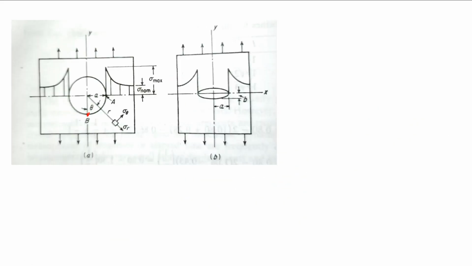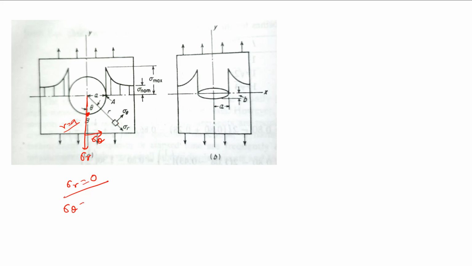So this is the point. When we try to find the stress at this point, this line will go something like this, and here it will be sigma r, and this will be your sigma theta. Now we'll find sigma r and sigma theta here, for r equal to a. We know that sigma r will be equal to 0 because the term gets cancelled.